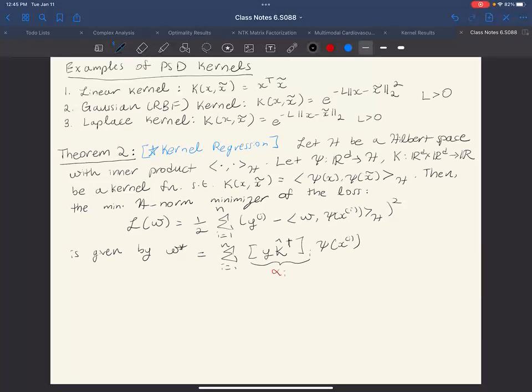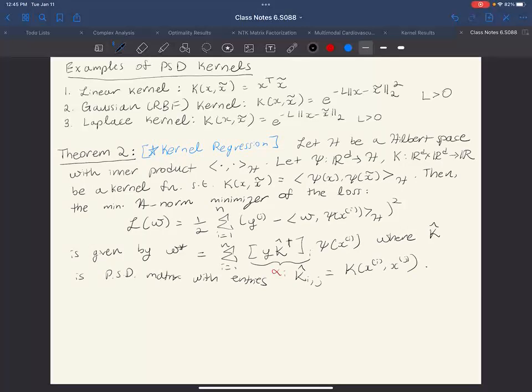And what is this K hat? K hat is a positive semi-definite matrix with entries K hat of ij equal to K of xi, xj. This K hat is typically called the Gram matrix.